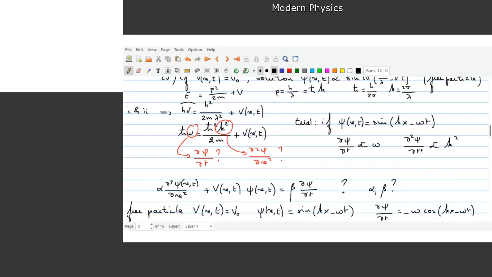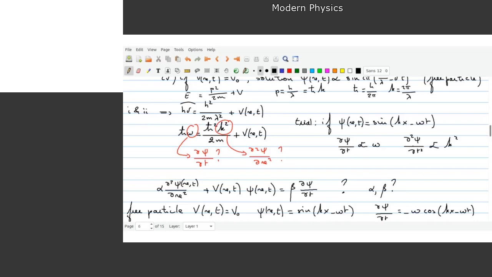wave equation, we want a relationship between the spatial and the temporal variation of this wave function, okay? We remember that the wave function for the free particle is a harmonic wave, sine of kx minus omega t. If you derive once as a function of time, it will be proportional to omega, so this will be omega cosine of the phase.